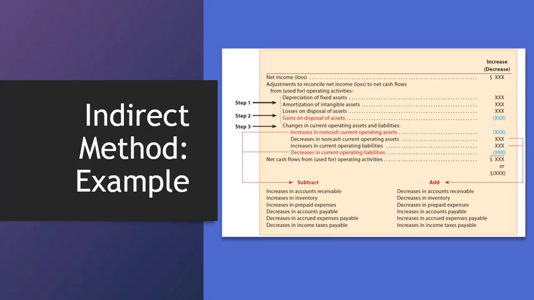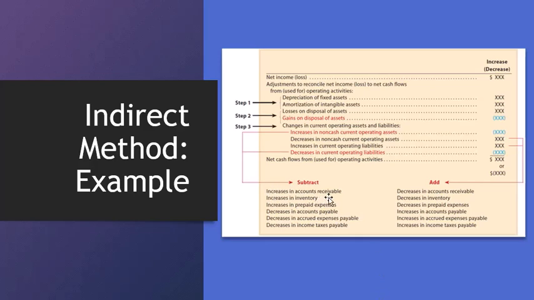So this is an area where I always tell students, I want you to really learn to think about these things, and if you can learn to think about it, you can use common sense to figure out how it affects cash, okay? So as an example, let's think about accounts receivable together. Let's think about what accounts receivable represents. Accounts receivable represents customers who owe us money, all right?